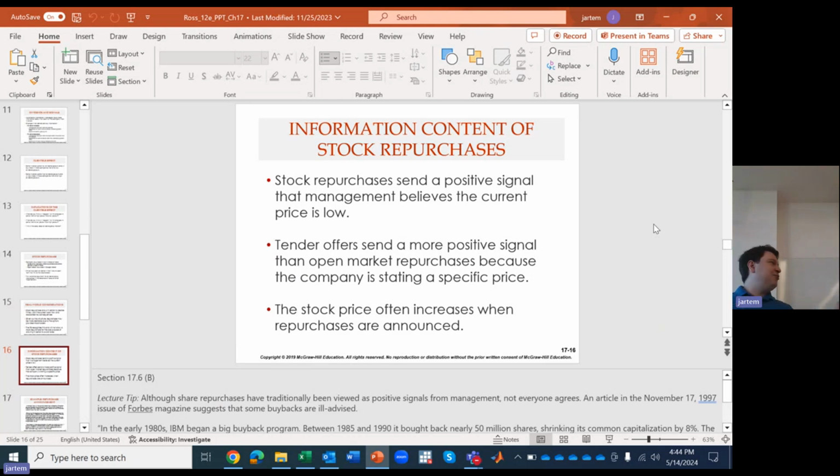I would not repurchase those shares because it's like, look, the market is pricing my company at $100 a share, but I know we're only worth 80. Why am I going to jump in there and spend company cash to get the company shares at a higher price than they deserve to be? I'm the manager. I mean, who in the world would know the value of the company better than the manager?